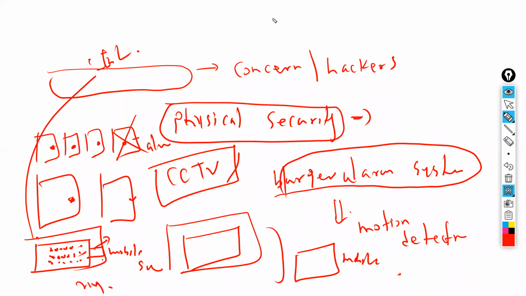There's a good brand, Hikvision. I am very good at these things because I am actually doing these things. I am doing projects.